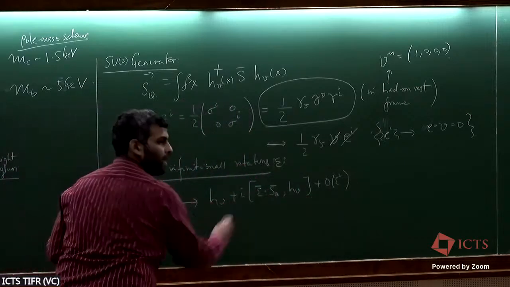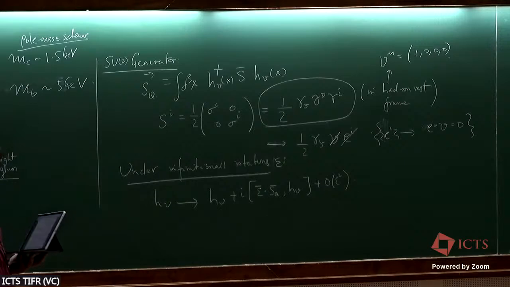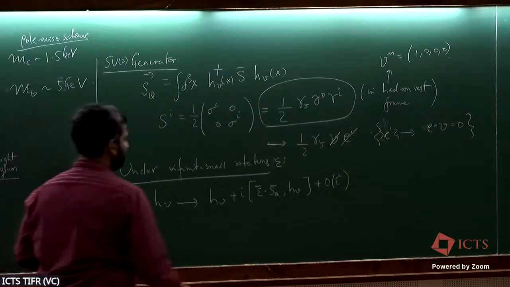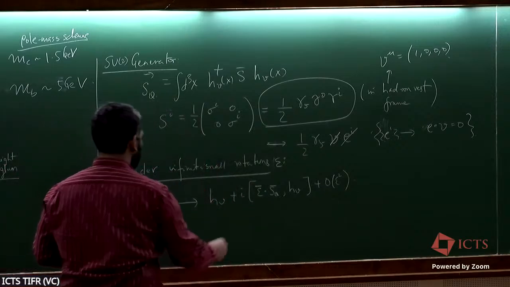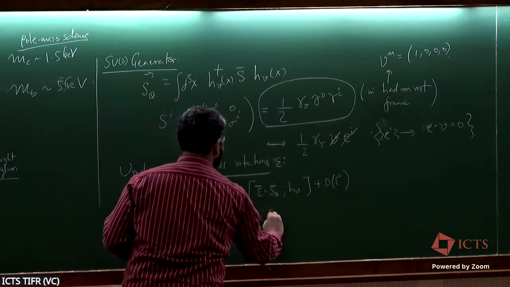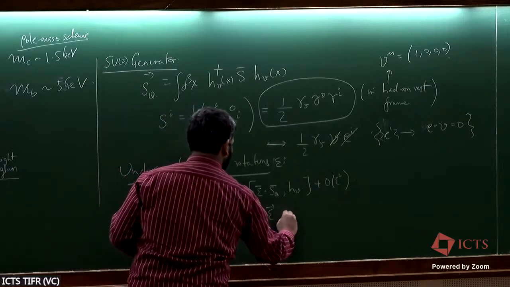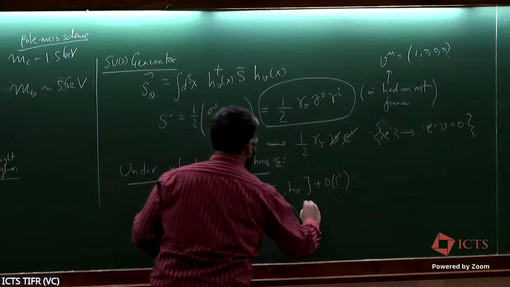This is the thing that I was talking about. So if I use this expression, basically what we get is (1 plus i epsilon dot S) H_v.